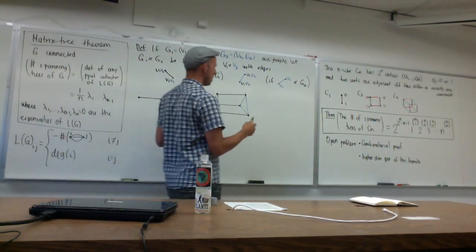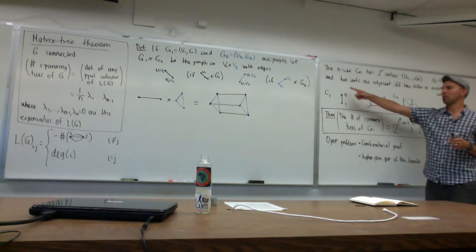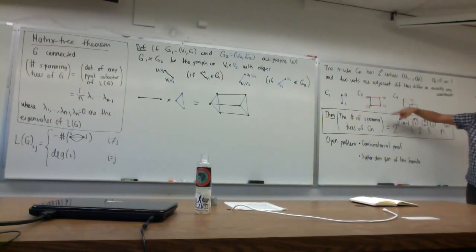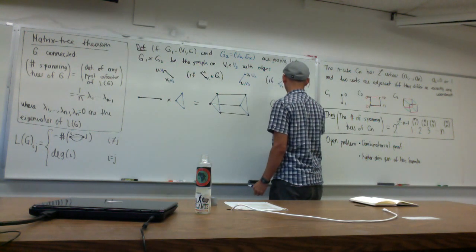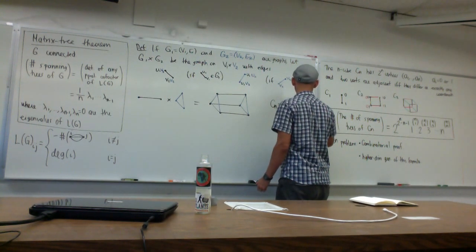And so the reason that I bring this up is that C2 is a black edge times a red edge, right? And C3 is a black edge times a red edge times a green edge. And in general, Cn is just C1 times C1 times C1 to death.